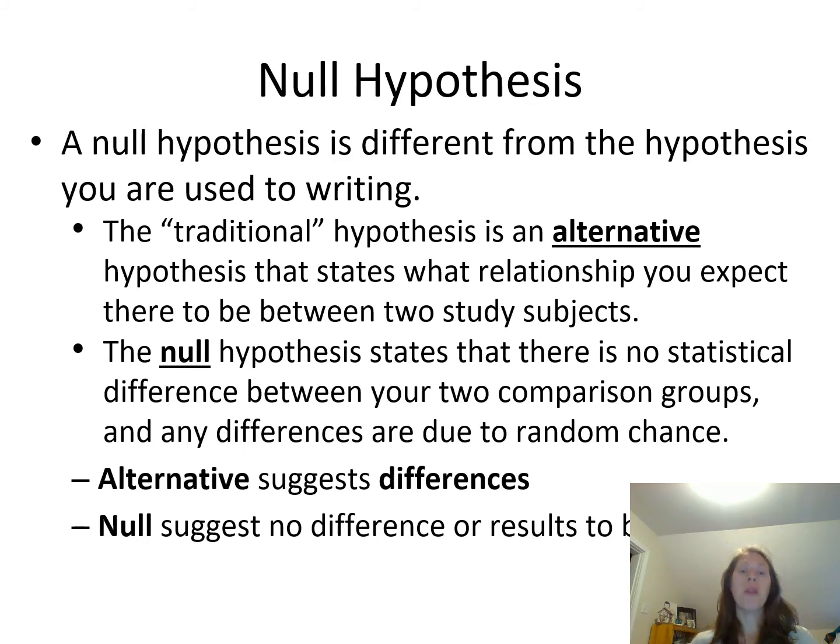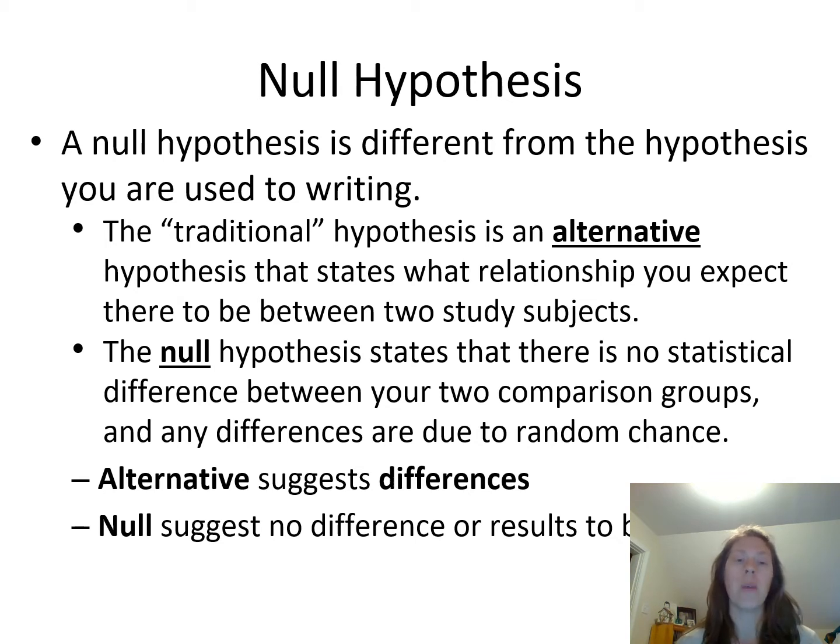A null hypothesis is different than the hypothesis that you're used to writing. Normally in science, you write a hypothesis that in statistics we would term the alternative hypothesis. And that's saying that you think there's a relationship between these two particular items, events, whatever it might be, used to independent and dependent variable. If I do this, then I think this is going to happen.